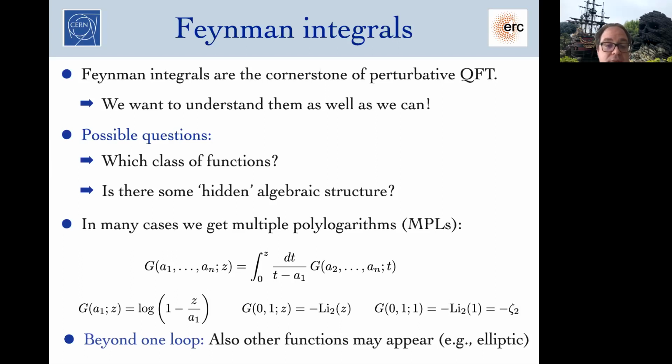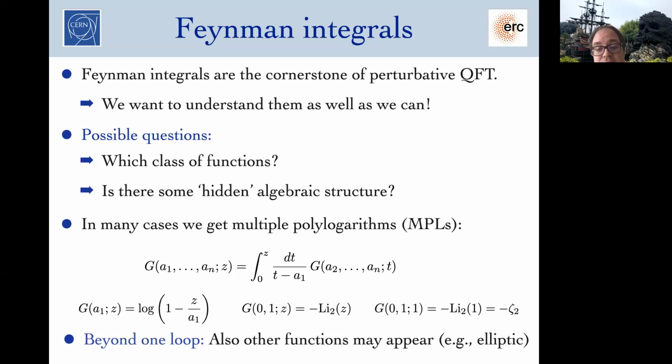And to get a feeling for that, well, let's first recall that in many cases, Feynman integrals evaluate to polylogarithms. You've seen them already in other talks. I don't need to spend too much time on the definition, but I recall it here. So a polylog is an iterated integral. So there's an iterative definition where you just essentially integrate more and more dt over t minus something.